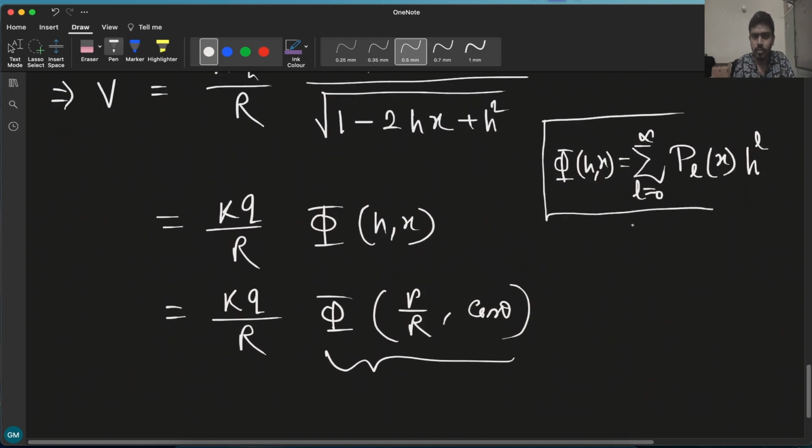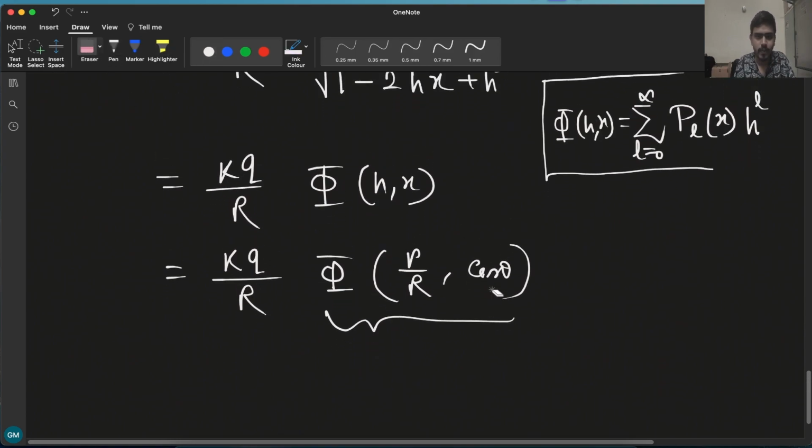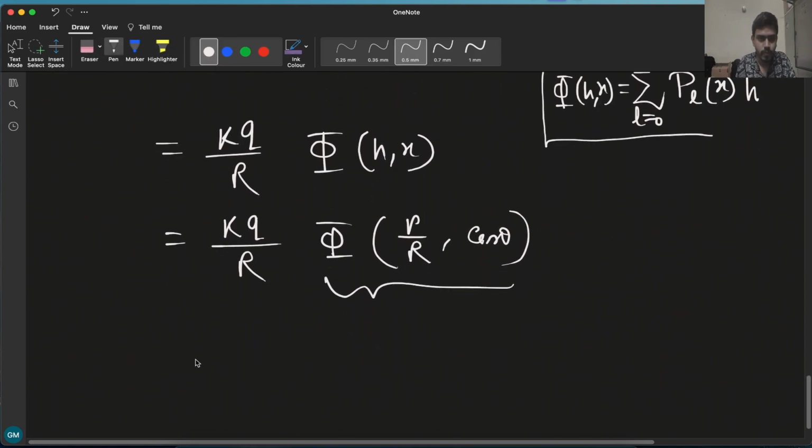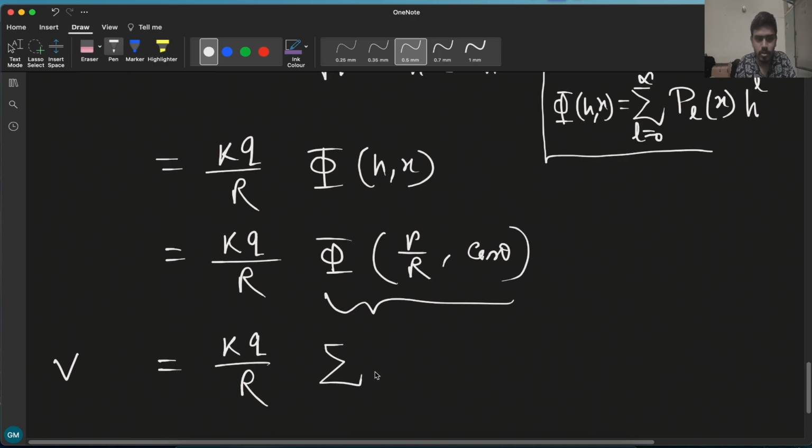If I replace it, then we will get V as a function of r, theta, kq divided by R times sum over, and what is h? h is small r by capital R to the power l, and P_l, what is x? x is cos theta, l equals 0 to infinity.